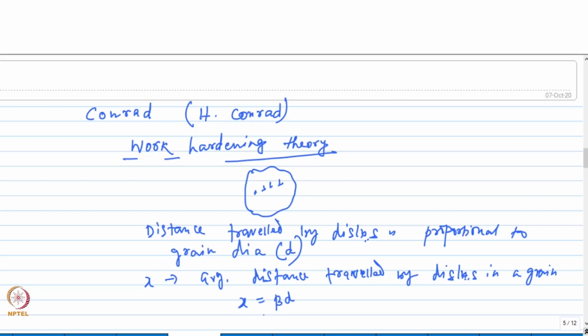So we can write x as equal to beta d, where d is the grain size, and the strain will be given by this. Epsilon is the strain and rho is the dislocation density.